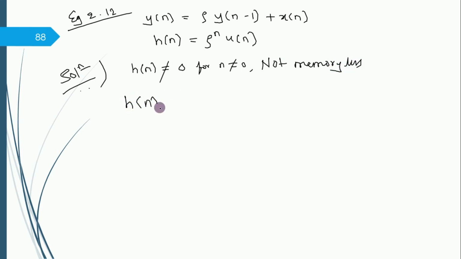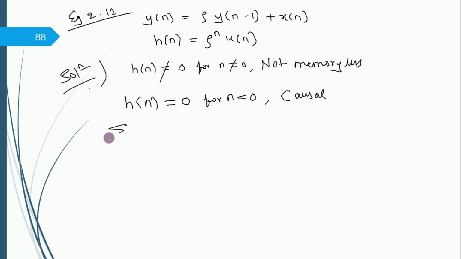Now for causality, h of n should be 0 for n less than 0. We need to check that. u of n exists only for n greater than or equal to 0. So for n less than 0, when you multiply, you will get a 0 value itself. So h of n is 0 for n less than 0. Hence it is a causal system.